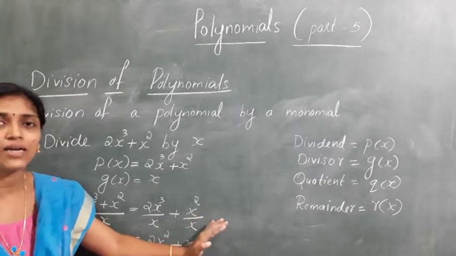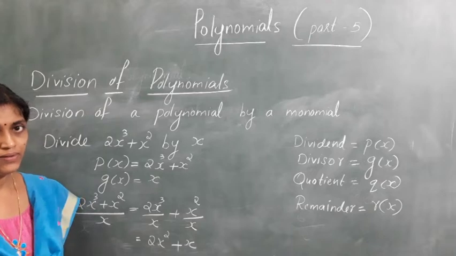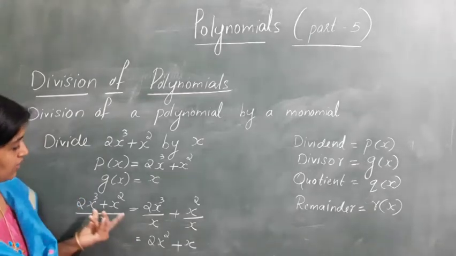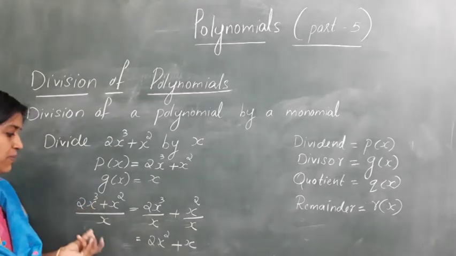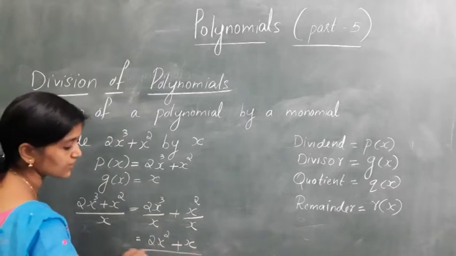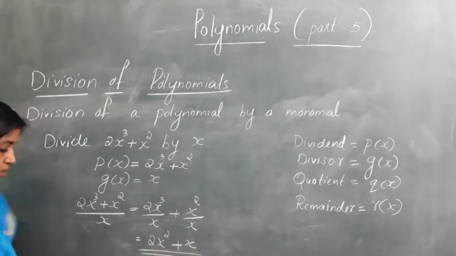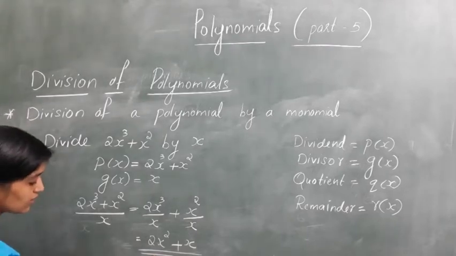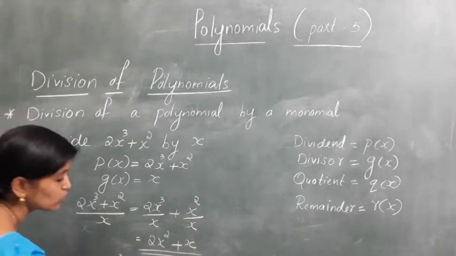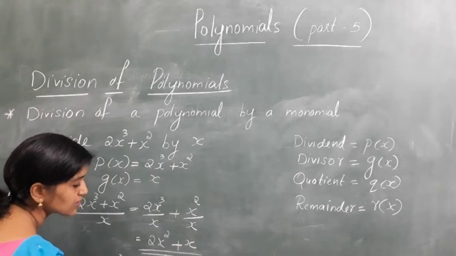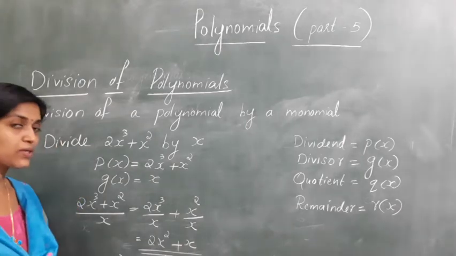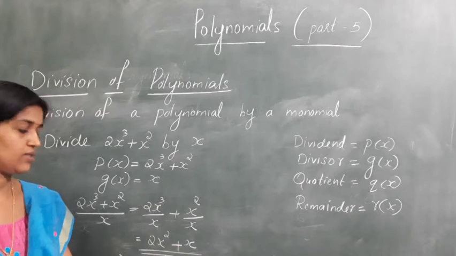No remainder is coming here. Okay, clear? Here we divided P of x by g of x. We got this as our answer, which means this is our quotient. Q of x is equal to 2x squared plus x. This we call our quotient.